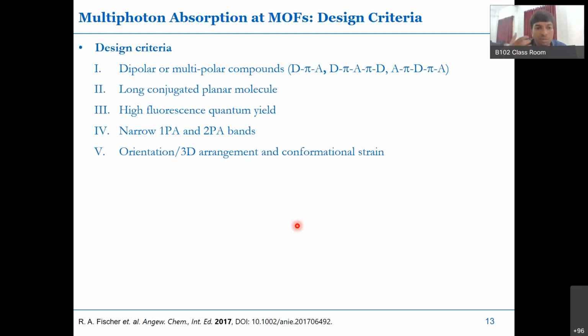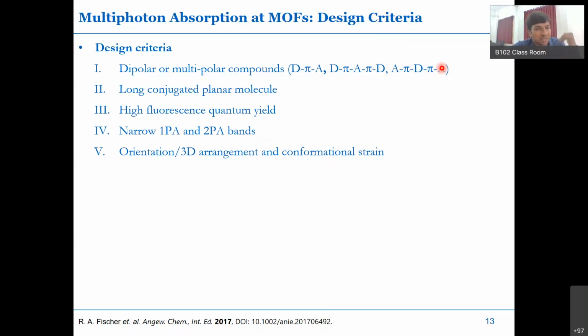During this process, we came up with a criterion that the compound should be dipolar or multipolar in nature. Either it can be donor-acceptor, donor-acceptor-donor, or acceptor-donor-acceptor. So we had to have multipolar systems. This is the first criterion we tried to adopt.